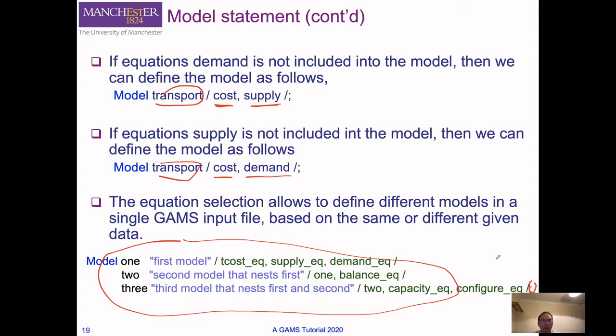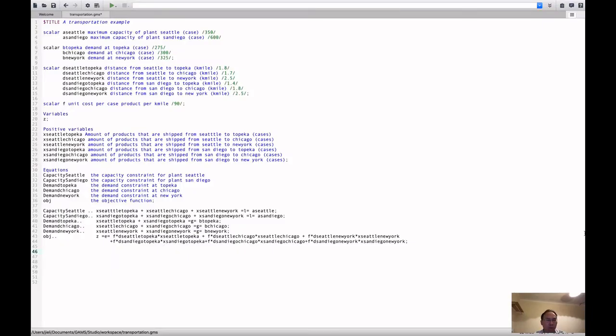Okay, now let's go back to GAMS and define the model for the transportation example. It starts with the keyword model. Then we need to specify the name of the model.